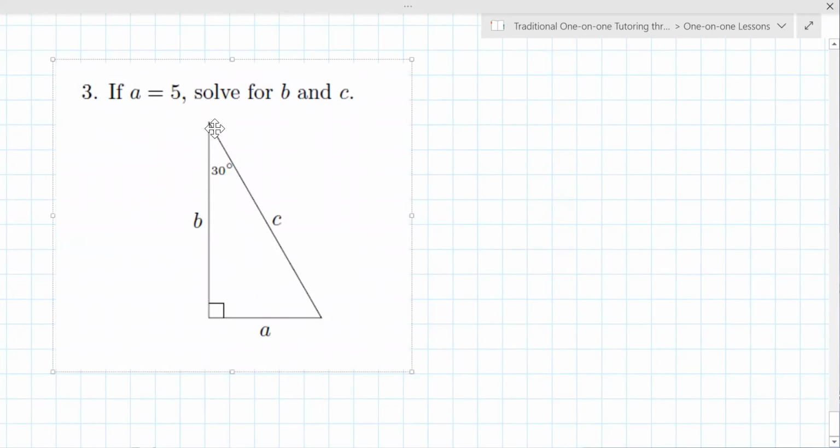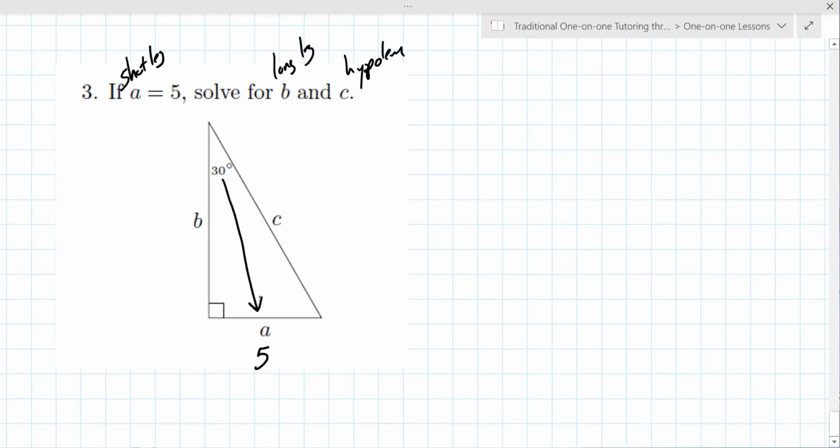So the value of A is 5 and they want B and C. But the way that you could read this is if you say, oh yeah, A is the short leg. If the short leg is 5, solve for the hypotenuse, because you can do it in any order you want, and the long leg. So if A is 5, the short leg, because it's across from the 30, what is the hypotenuse? What's the value of C?